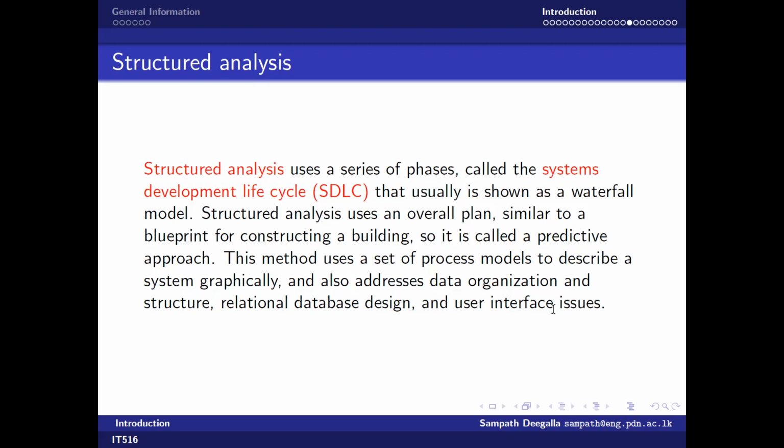And then it also addresses all the data organization, because, for example, before you build the database, you perform a complete analysis, you design the database, and then you implement. Similarly, user interfaces also, you plan and then you develop them.